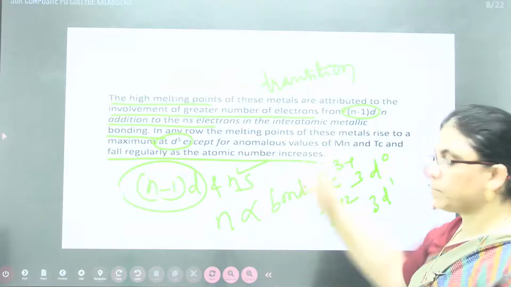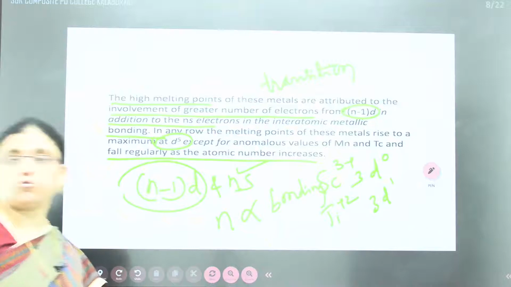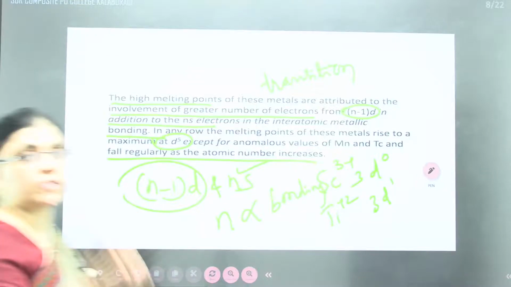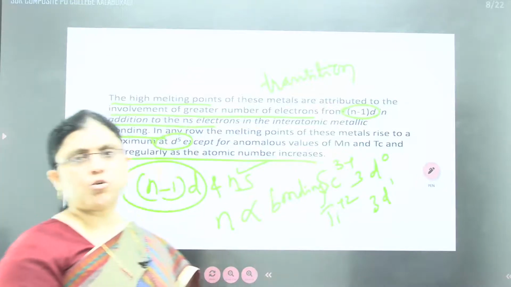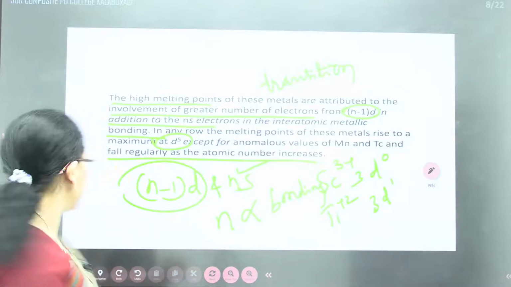The same concept they have said over here, where ionization enthalpy also depends upon what? Stability. With respect to stability, and also with respect to the number of electrons, we can decide.